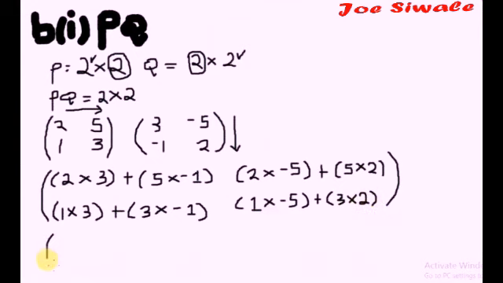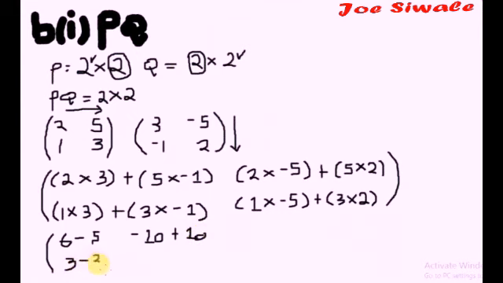So 2 multiplied by 3 is 6. Then 5 multiplied by −1 is −5, so it will be 6 − 5. Then 2 multiplied by −5 is −10. Then 5 multiplied by 2 is 10, so it will be plus 10.